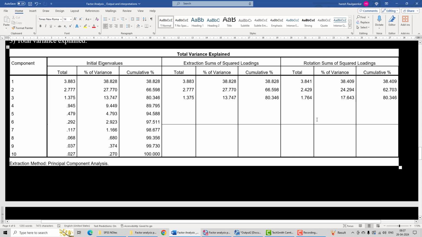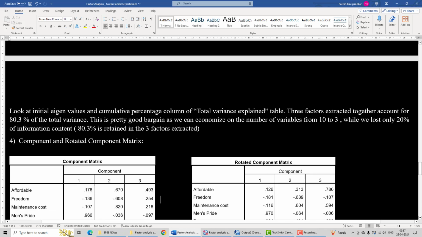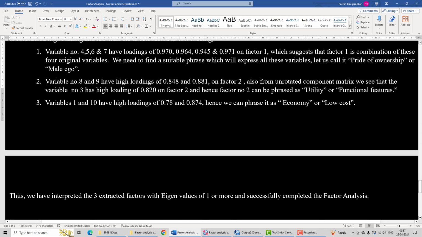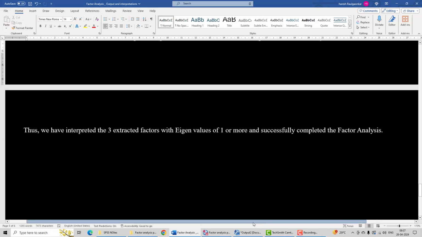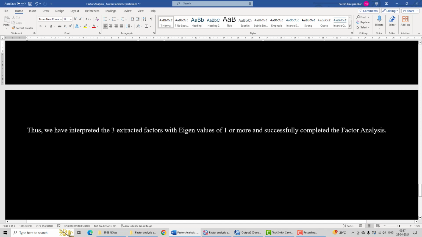In short, this can also be considered as the importance of these factors. All right, and you can analyze it accordingly. So this is how we have successfully interpreted the three extracted factors, and that is the factor analysis. Thank you.